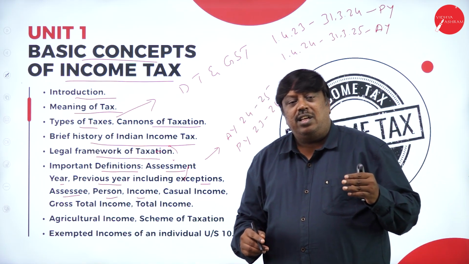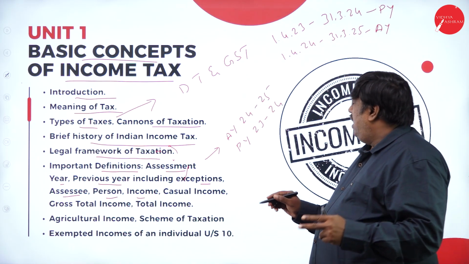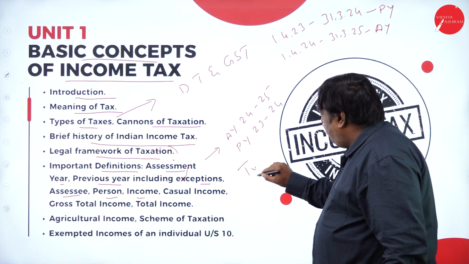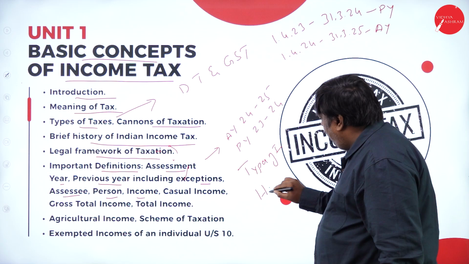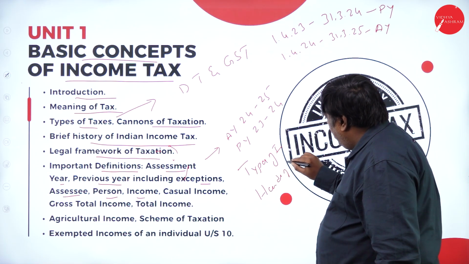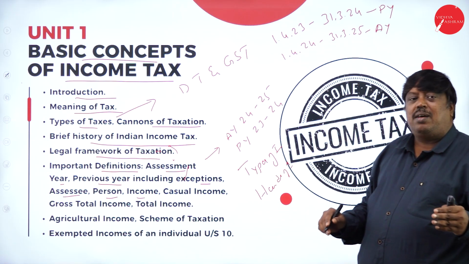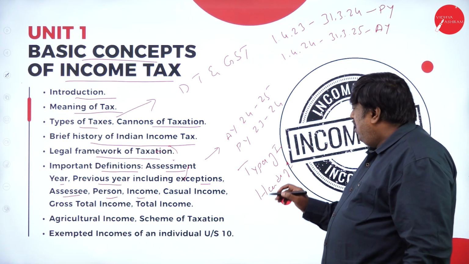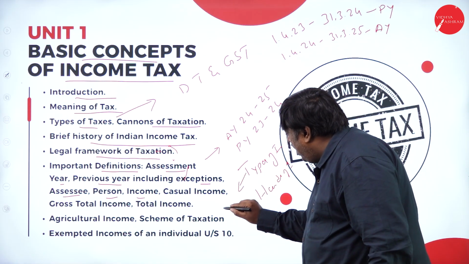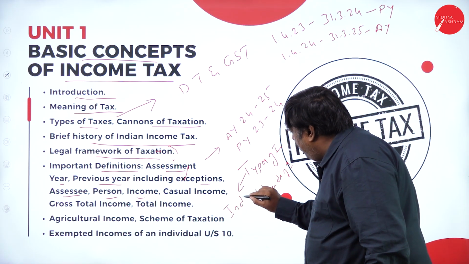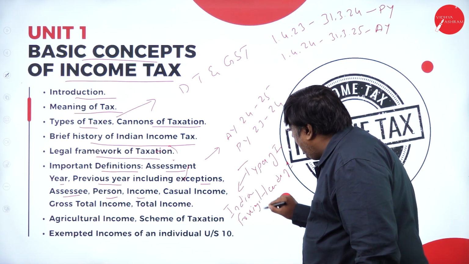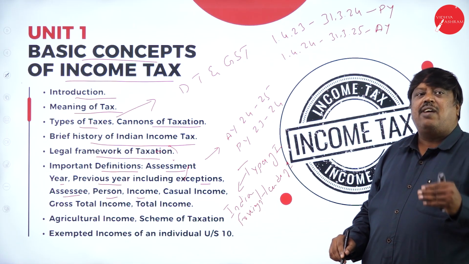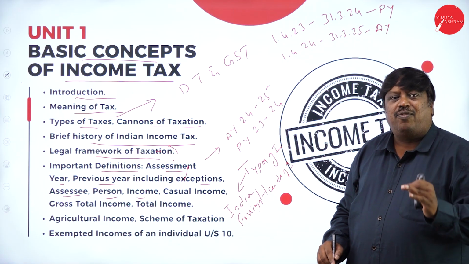Income. Your concept we have to learn clearly here. There are 2 things here: types of income and heads of income. Whenever the question comes here, types of income means we have 2 types of income: Indian income and foreign income. If they ask types, then I have to say Indian income and foreign income.